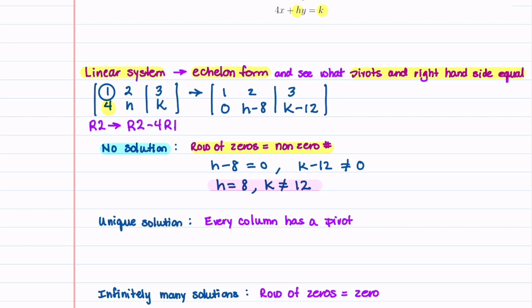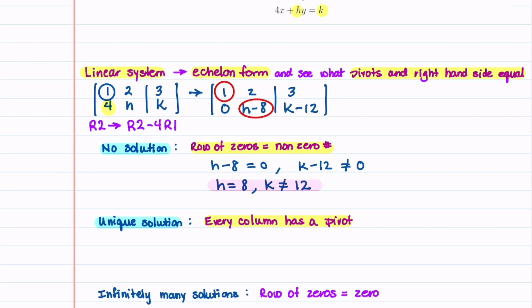Now let's look at what's going to happen when we have a unique solution. When we have a unique solution, every column in our matrix is going to have a pivot. So let's go back up and look at our matrix. I'm going to circle the pivots in our columns.